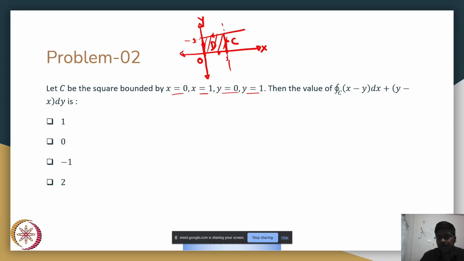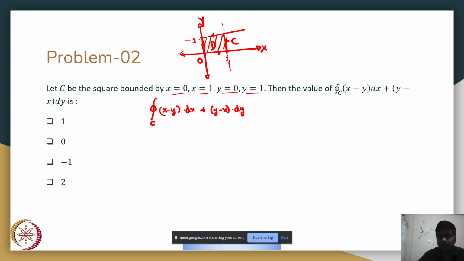And we are asked to calculate the value of x minus y dx plus y minus x dy. So we have to calculate the integral over the closed curve C of x minus y dx plus y minus x dy.